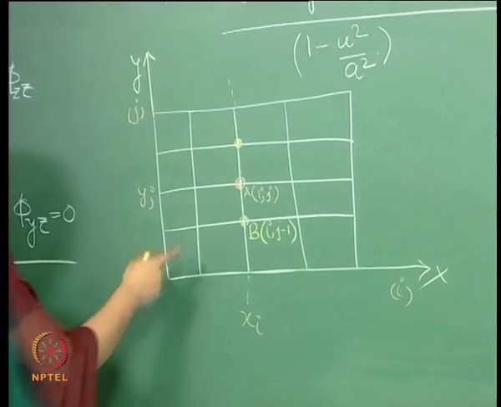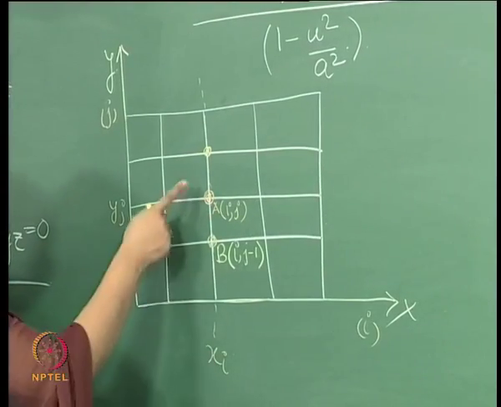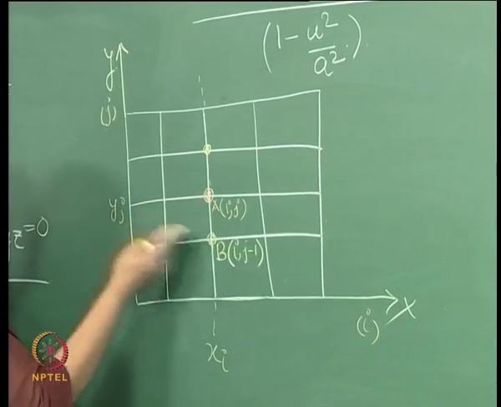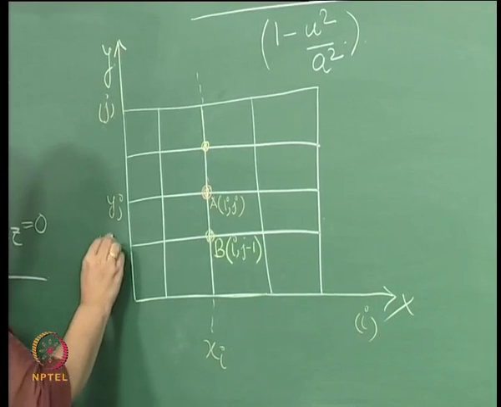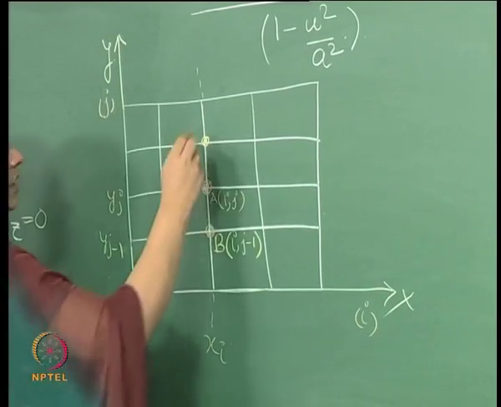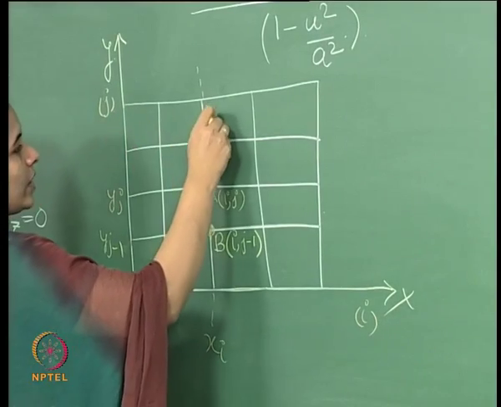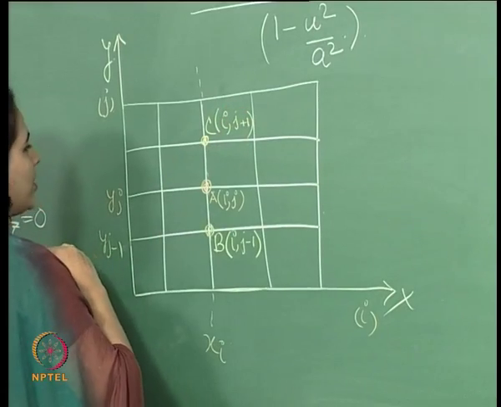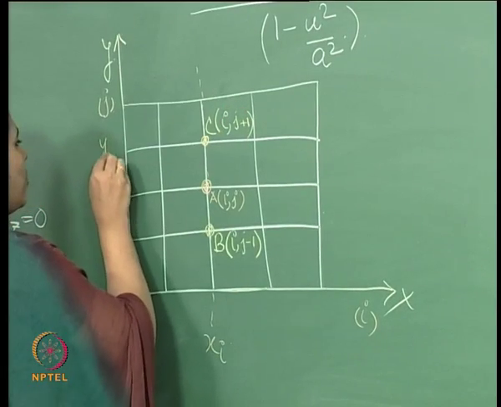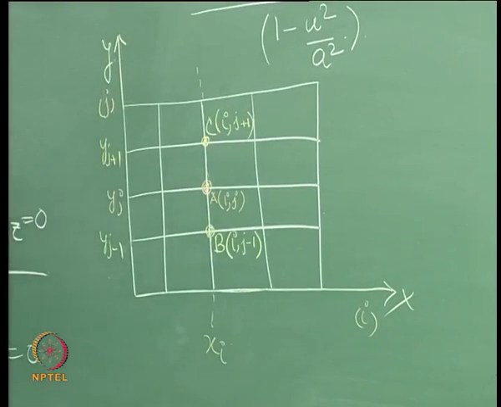You have the same I, the same x, but at the lower j. This is y j minus 1. Similarly, this will be C, at I and 1 j up, j plus 1. This is y j plus 1.